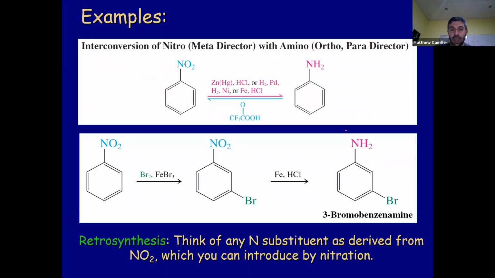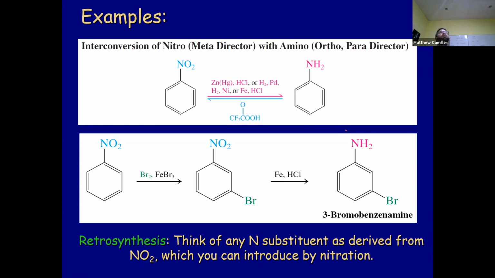Okay? Now, in this case, then, you can always use this relationship between nitro and amine as part of the reaction. And remember, anytime you need to introduce a nitrogen-containing group, you do it by nitration.